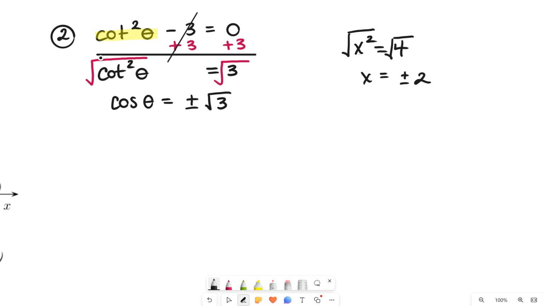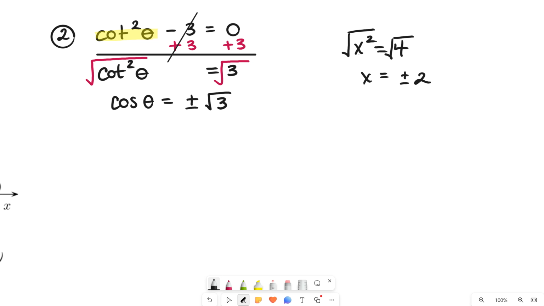The square root of 4 is plus minus 2 because a positive 2 times a positive 2 yields a 4. A negative 2 times a negative 2 also yields a 4. So please make sure not to forget plus minus when you do these type of problems that involve square rooting.